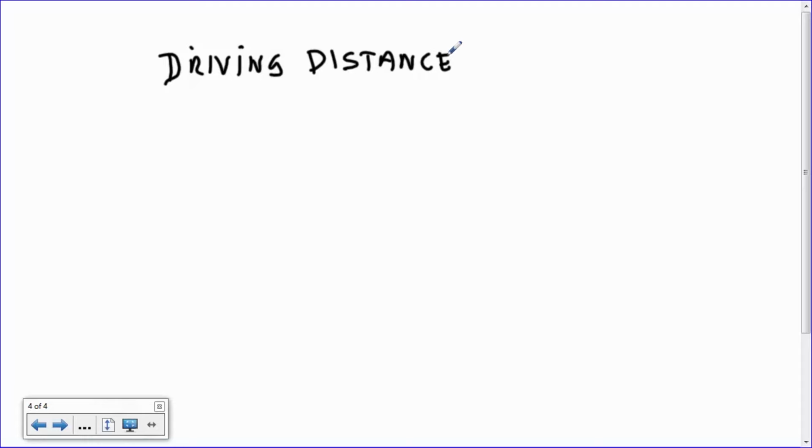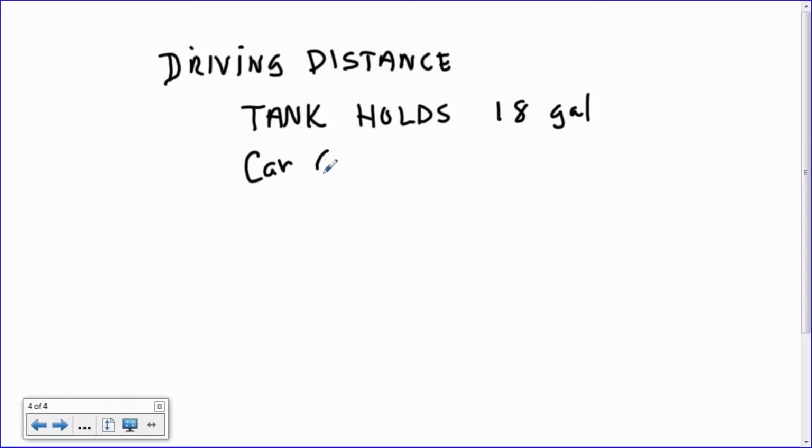And usually the circumstances will give you enough information that you can make a wise decision as to what you want to do. Let's suppose you have a car. You're driving along, you have a car, and let's suppose it has a tank. You filled up the gas tank, and suppose the tank holds, let's say, 18 gallons. And let's suppose that your car, you think it gets 22 miles per gallon.